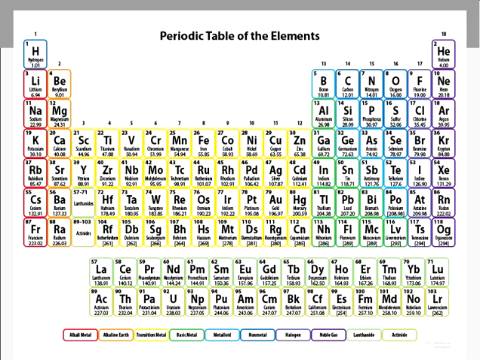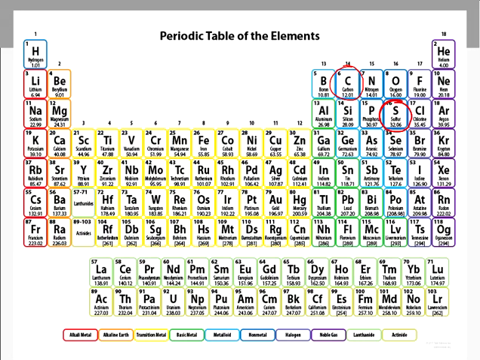Now, if we look at a periodic table, and this is just an example of one periodic table, there are many out there. Carbon is in the upper right-hand side of the periodic table, and its mass is 12.01 atomic mass units. And then sulfur is near carbon, and it has an atomic mass or weight of 32.06 atomic mass units.